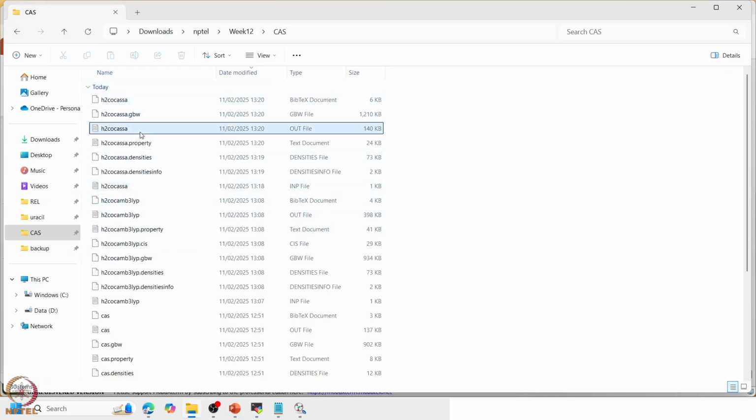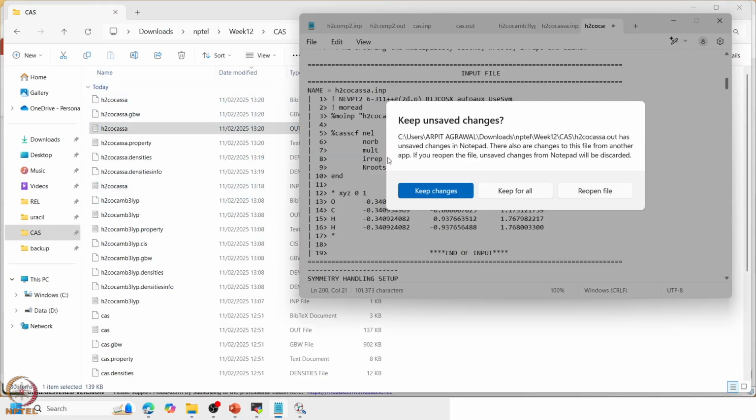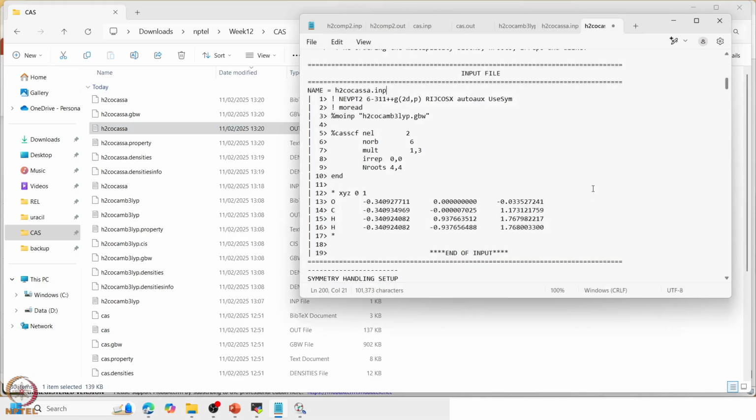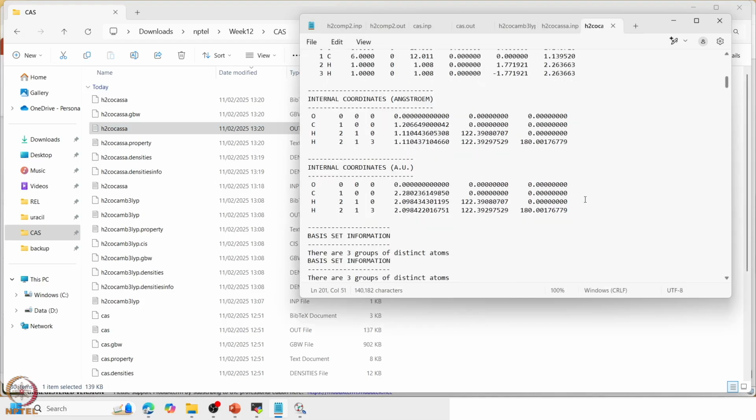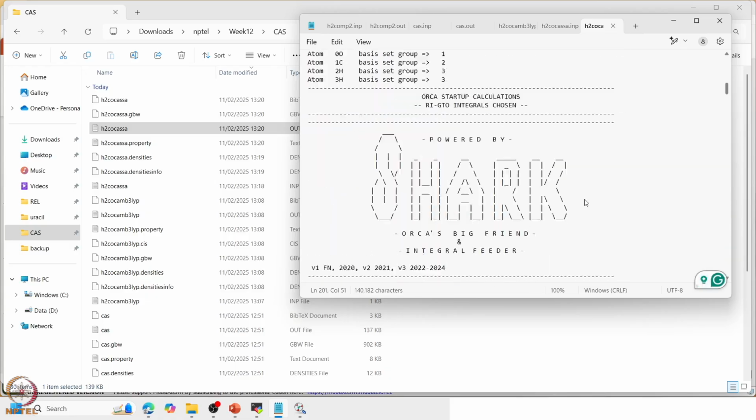Now if I reopen the file, you see that the input file looks very similar to the previous one.